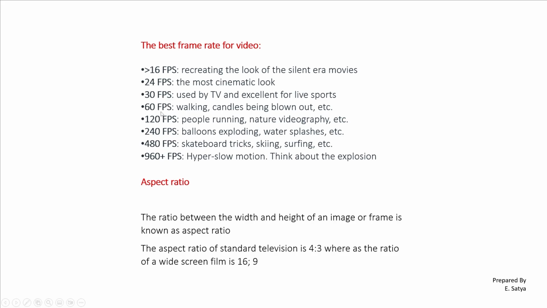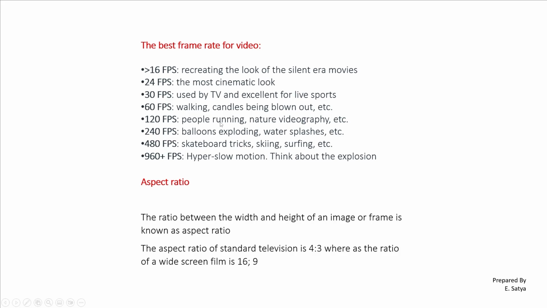60 FPS is for walking or candles being blown out, casual, smooth motion. If you want a more detailed video, go with 60 FPS. 120 FPS is for people running and nature videography.